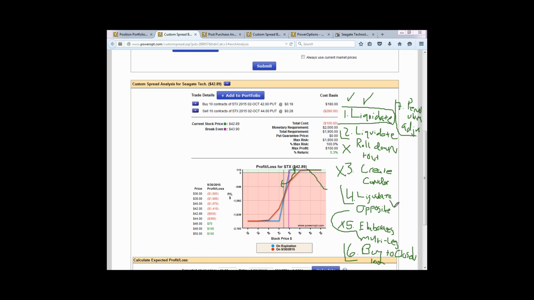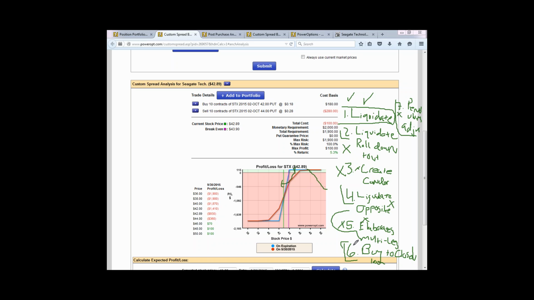I probably wouldn't liquidate and do the opposite to October 30th. I might buy to close the short and leave the long open, and then maybe put more money in to buy a long call. And I don't think I would do the pendulum adjustment. I highly doubt I would do an elaborate, and I definitely would not create a condor.